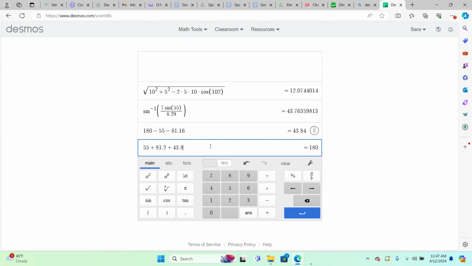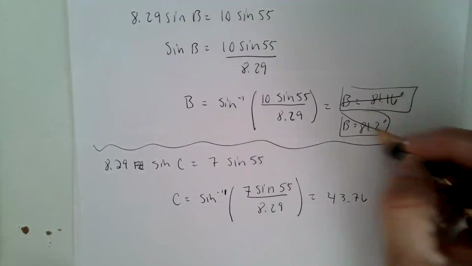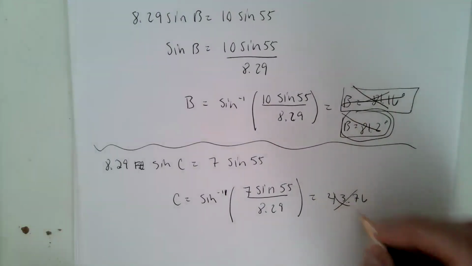And there we go. I'll take you back to my paper. So I'm going to round this one to 81.2, and this one to 43.8.